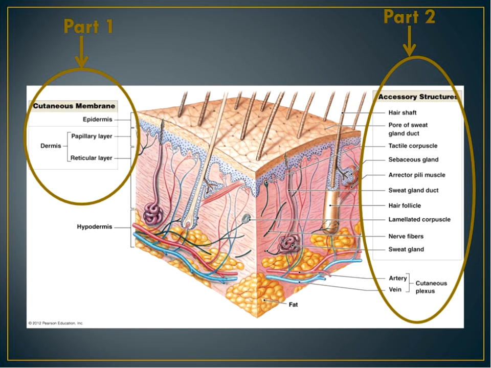So the cutaneous membrane is one of the two parts of the integument, because remember, the integument is made out of the cutaneous membrane and the accessory structures, things like hair and glands and nails.